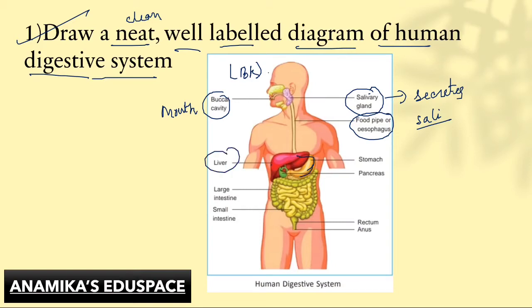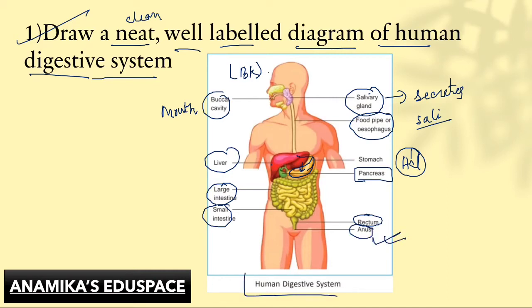It is connected with the stomach. So this is our stomach, and the food is stored in the stomach, and HCl comes and acts on the food bolus in the stomach. Then comes the pancreas. Then after the pancreas, the large intestine and small intestine ultimately join into the rectum, and the final outlet is your anus. So this was the picture of the human digestive system.